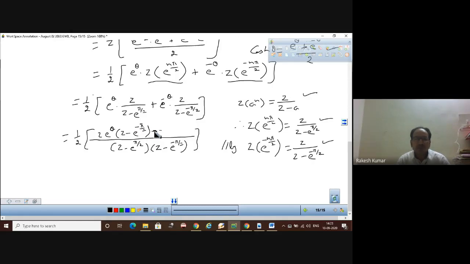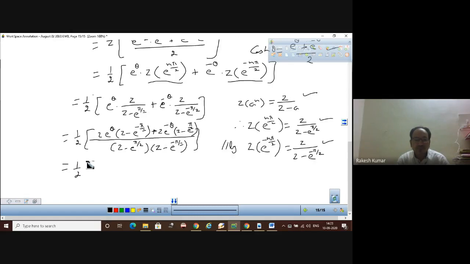And in the next step, that will be z e raised to power minus theta into z minus e raised to power pi by 2. This is by taking the LCM.